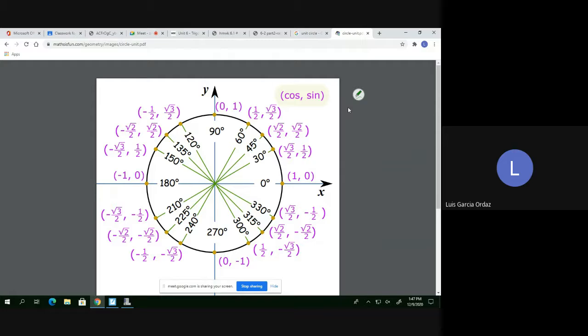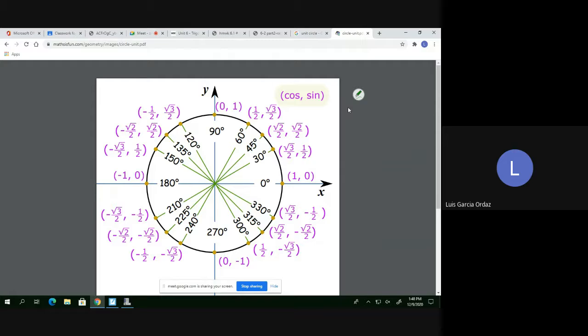And all you're doing for everything else in the other quadrants is just turning one or both of the numbers negative. So for example, 120 is in quadrant 2, and we know in quadrant 2 the x value is negative. 120 goes hand in hand with pi over 3, which is 60 degrees.